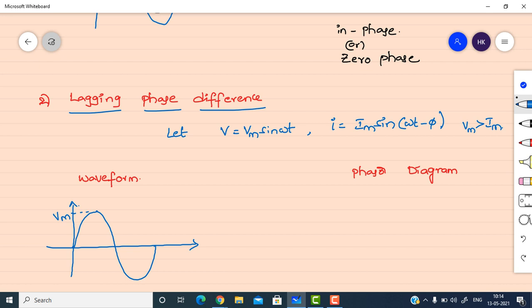Now what about the current? Where do I have to start the current waveform? Yes, on the negative side it will start. Why? Because it is minus sign. Minus sign means lagging. And what is the phase angle difference here? Phi.